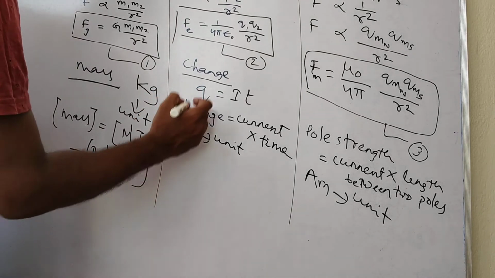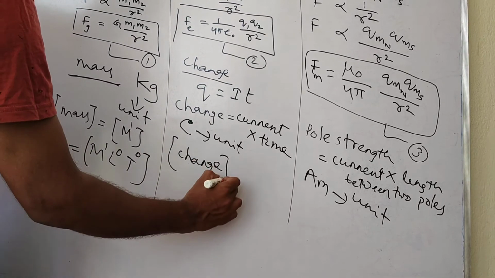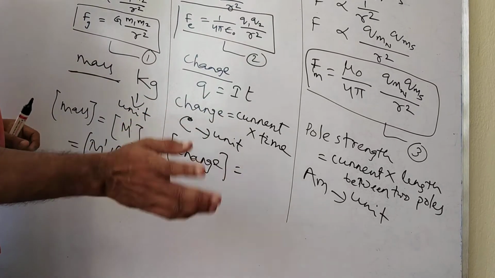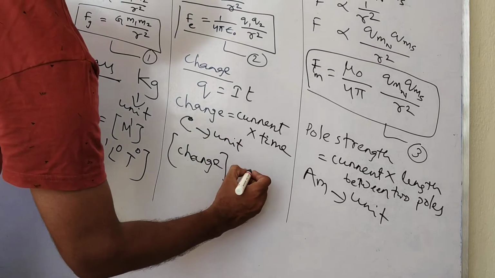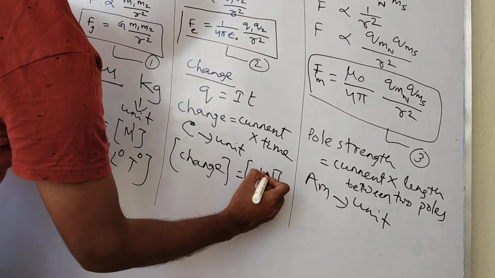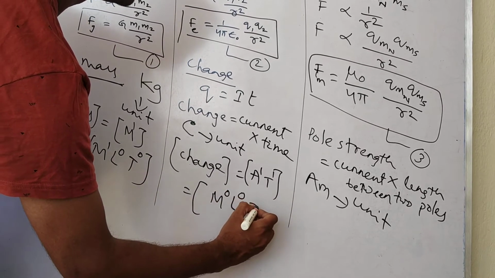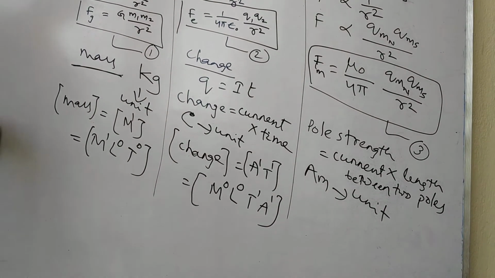Dimensional formula of charge: in your 11th standard you might have learned that the fundamental quantity is current. Current has dimensional formula A and time is T. So A1 T1, or else I can write M0 L0 T1 A1. This is the dimensional formula of charge.